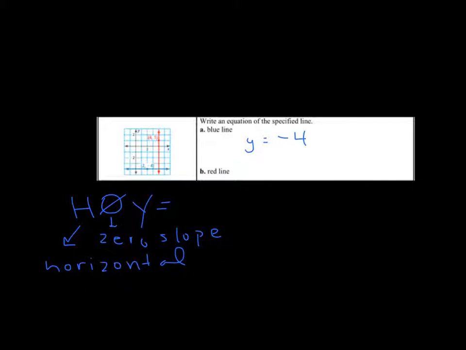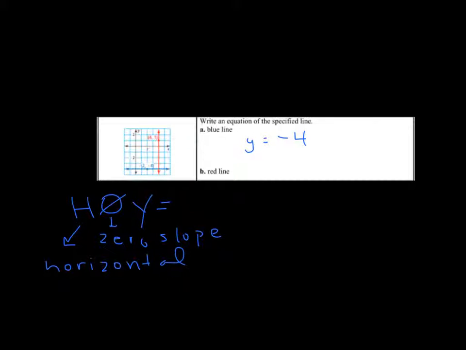This is a concept that sometimes is difficult for students to remember. When I first teach it, they say, oh, that's so easy, HOI, it's horizontal line, zero slope, y equals a number. And they know that it's y equals -4. But for some reason, when they recall or when they're testing, they have a hard time. So just remember, HOI: horizontal lines, zero slope, y equals a number.